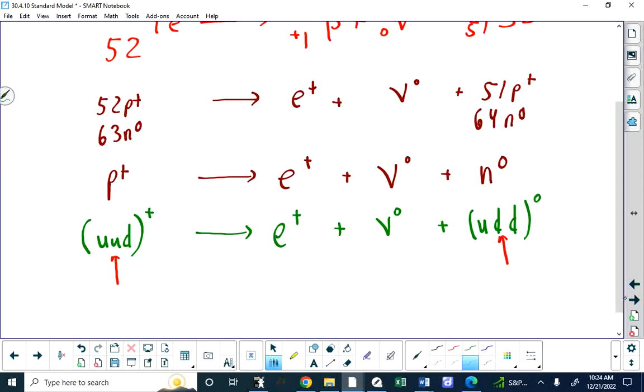So what actually happens is an up quark with a charge of positive 2/3 elementary charges turns to a positron with a charge of positive 1, a neutrino with a charge of 0, and a down quark with a charge of negative 1/3. And if you add up the charges on the right, positive 1 for the positron, plus 0 for the neutrino, plus negative 1/3 for the quark, you get positive 2/3, which is what the charge is on the other side.